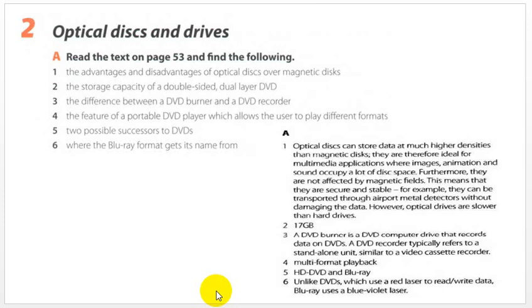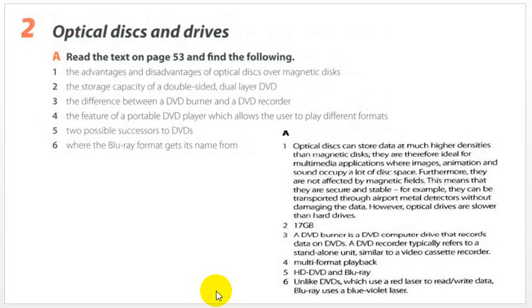And number 4, the feature of a portable DVD player, which allows the user to play different formats, that is multi-format playback.